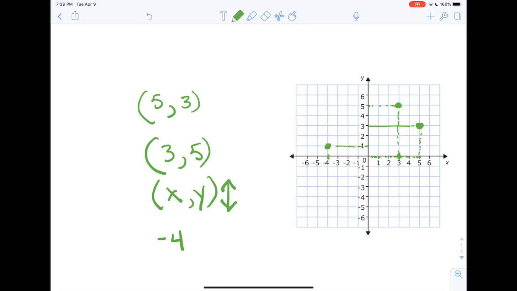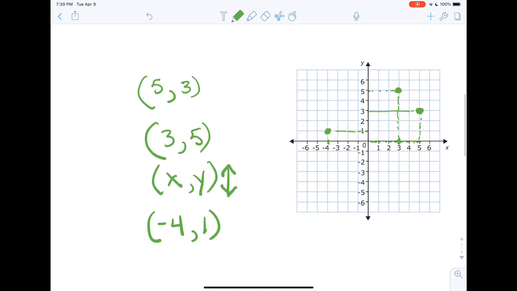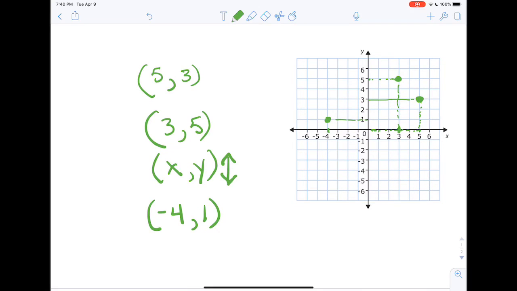Well, that is a 1. Let's try a couple more. How about right there? Well, I try the x-axis first. Oh, that's right down from that -2. And then I try the y-axis. Oh, that's also -2.